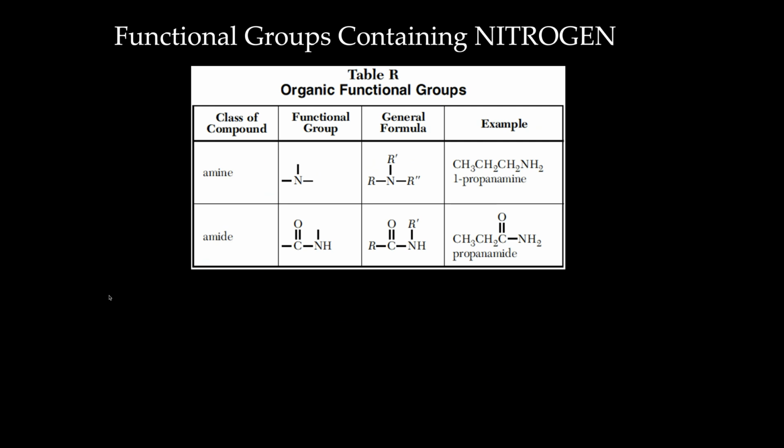And then we have 2 functional groups that contain nitrogen. They are amines and amides, and they look identical. They both have NH2. But amides add a double bonded oxygen to that same carbon that the nitrogen is bonded to. So this is an amine group, and this whole thing here is called an amide group.